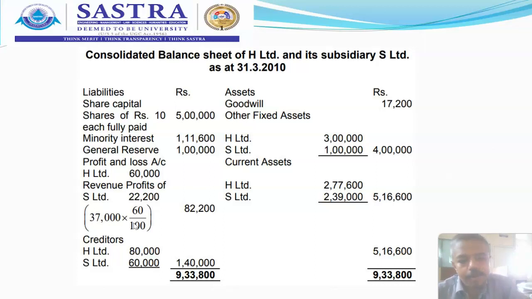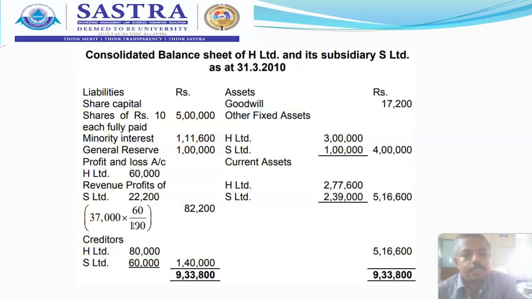Which means the outsiders' interest in the subsidiary company with respect to share, with respect to general reserve, with respect to profit and loss account, etc. So altogether, the minority interest portion is rupees 1,11,600.